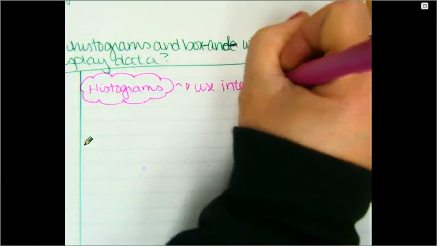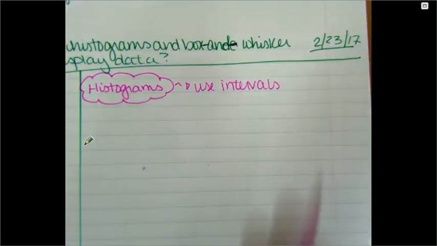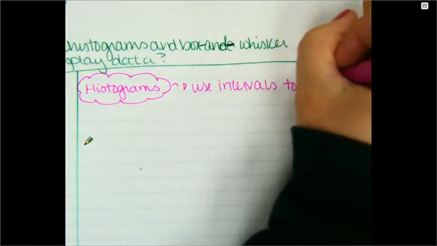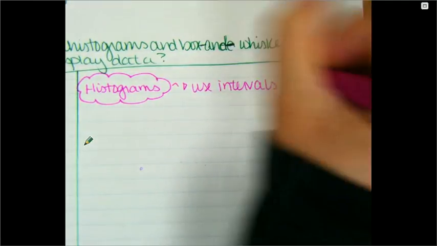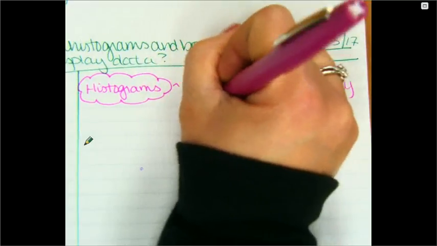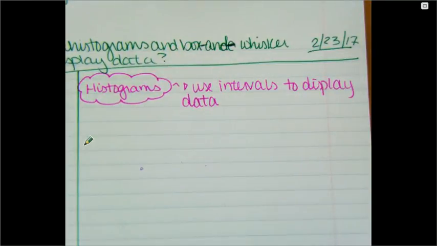Oh, alright, yeah, a histogram. This uses intervals to display data. What does a bar graph use? Does it use intervals, or does it use what? Values, or not always values. Because like yesterday we had 1995, that's not really a value, it's a year.